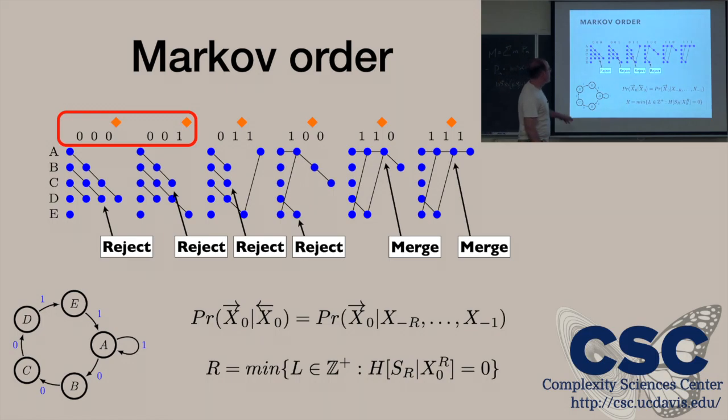I'm labeling these as rejections versus mergers, and what I mean by that is the mode of obtaining synchronization can be different. So upon seeing this last symbol, we go from being in potentially 2 states to 1 state. And the reason that we go from 2 to 1 is because one of these paths is rejected or terminated.